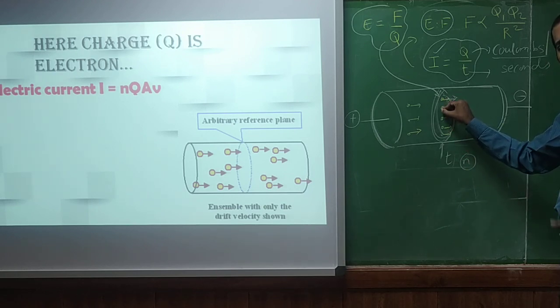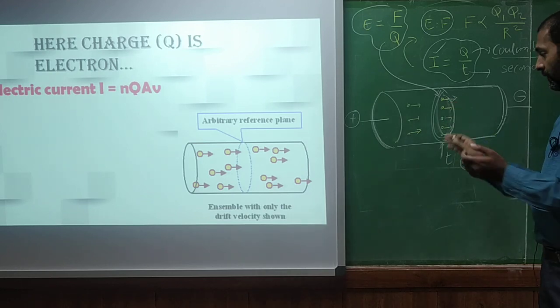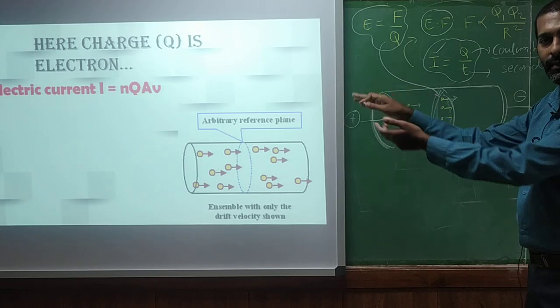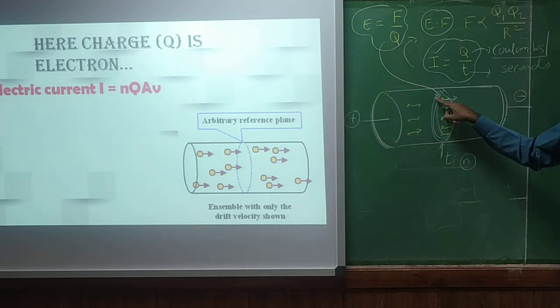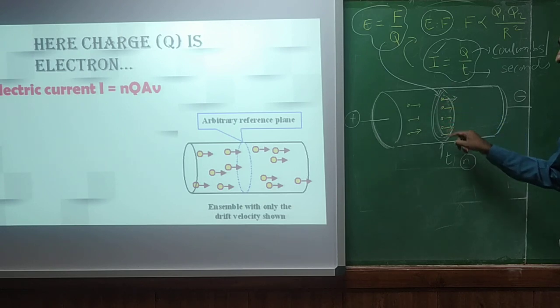If we go into the more physical appearance of the current, we are writing it in a mathematical form. So here we have n number of electrons in that particular area. So we have to consider the area A. Number of electrons in that given area. How many electrons are there? What is the area?